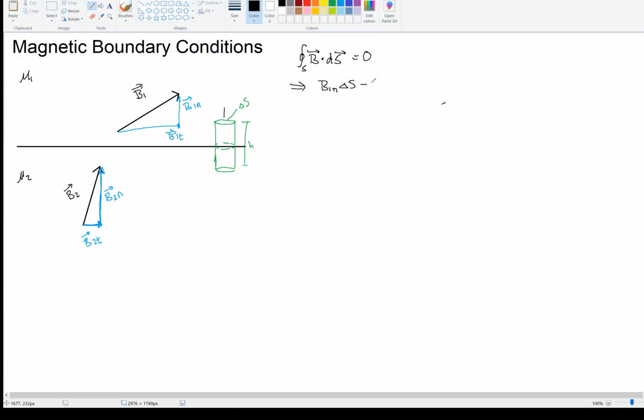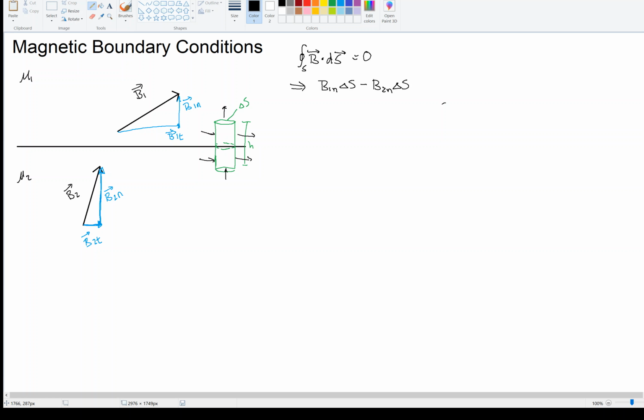I have negative B2N times delta S, because the normal component enters. On the side of this cylinder, the normal parts are now parallel to the sides, so nothing goes through there. And for the tangential part of B, anything that enters the cylinder also leaves, so that has a net of 0, and the same thing on this side.